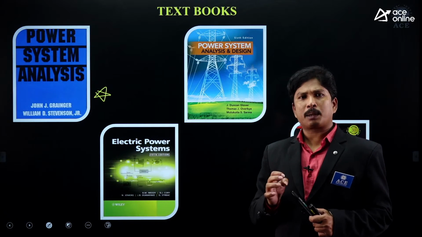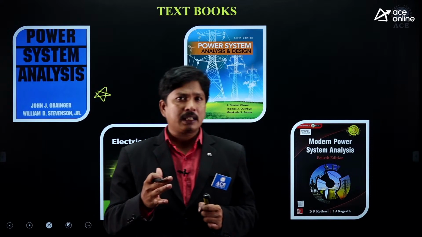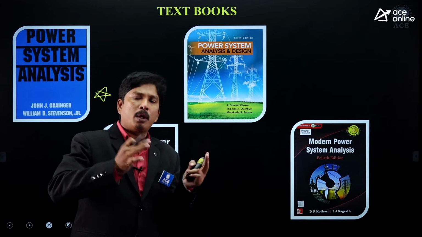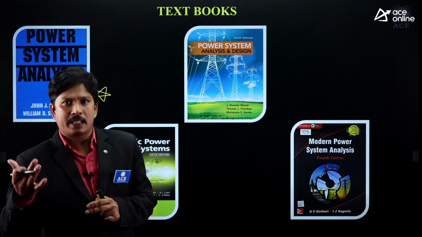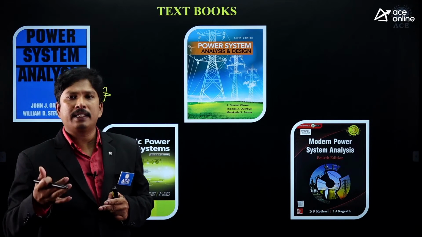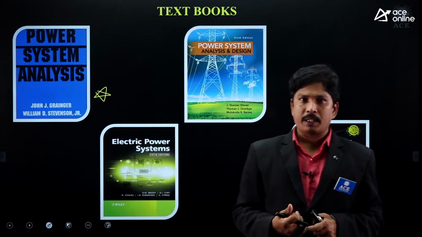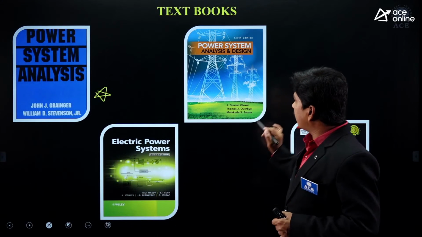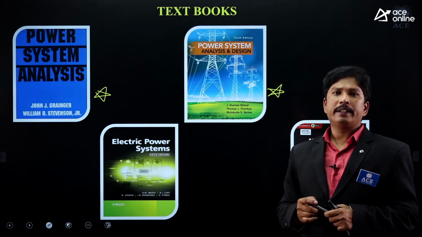This particular textbook consists of case studies. To write each and every chapter, they are giving case studies for each and every chapter. Clear? One of the best textbooks we can say, Power System Analysis and Design by Duncan Glover.